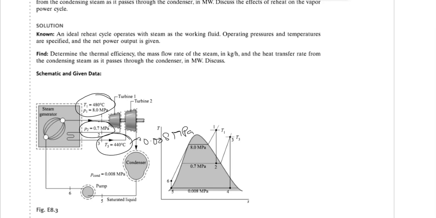So if we start solving this question, we have to look at the steam table. We will first check the saturated steam table. Let's find 8 megapascal and 480 degrees centigrade, and check whether it is lying in a superheated condition or the saturated region.